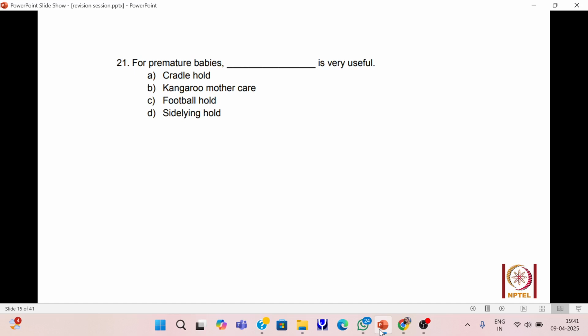For premature babies, dash is very useful. Cradle hold, kangaroo mother care, football hold, sideline hold. Start answering.